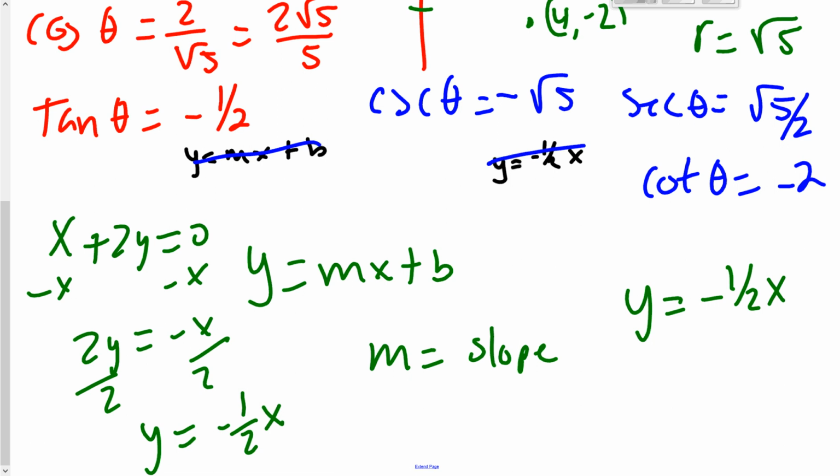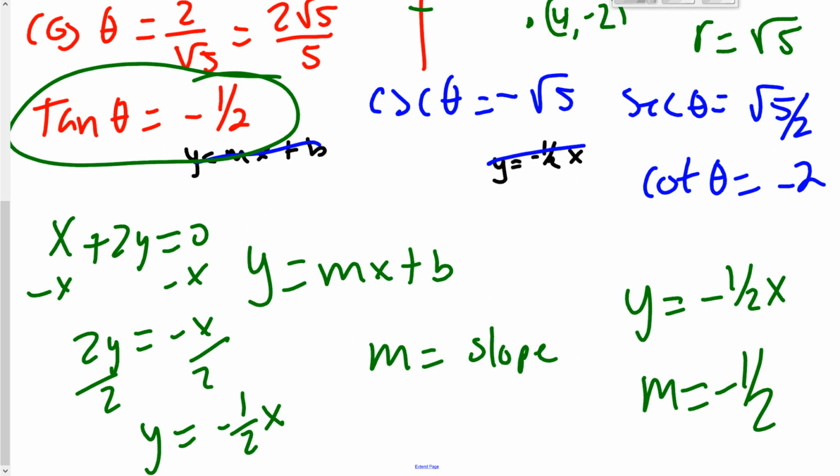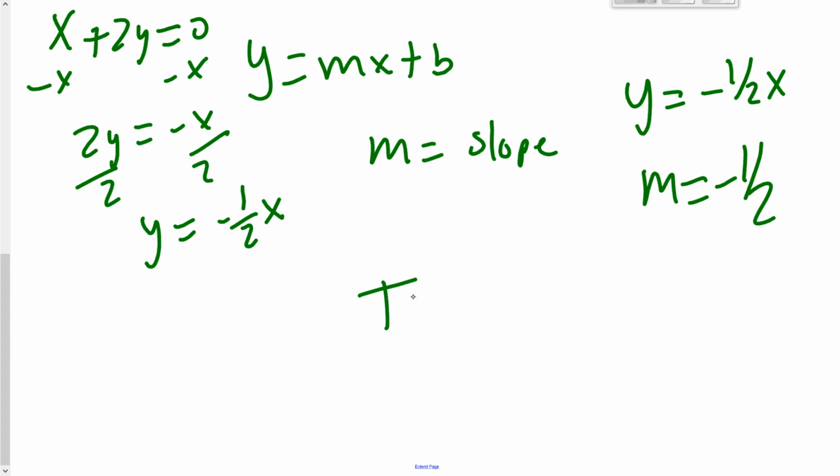So our slope is -1/2. What did you notice tangent was? Tangent was also -1/2. In general, tangent of our angle is equal to our slope. If you're using a calculator to approximate these values, make sure you are rounding, and that's not an exact number anymore. So if it wants an exact answer, leave it as a fraction or as a root, rather than use a calculator.